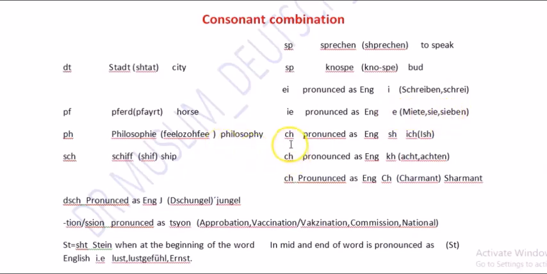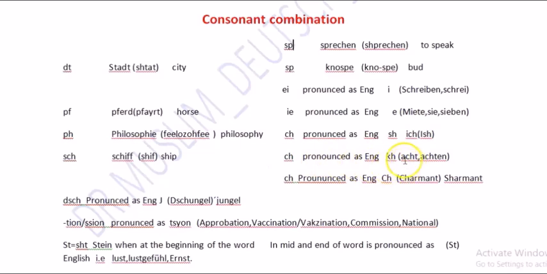The next one is CH. When CH comes, we pronounce it as sh of English. We say ich, or ish. The next one, when CH comes, it is pronounced like kh in English.